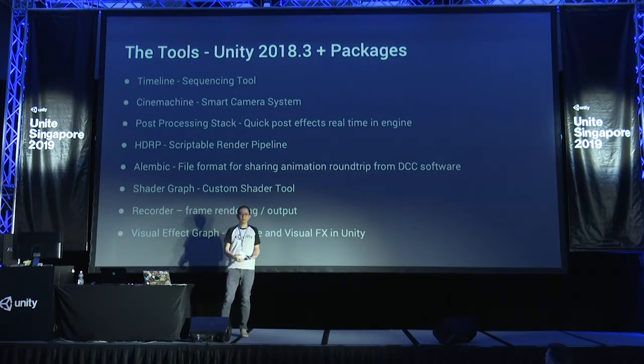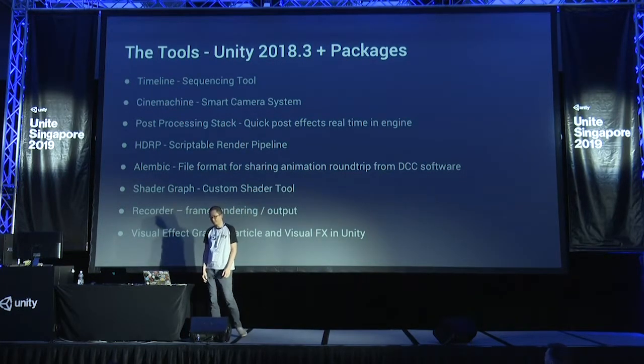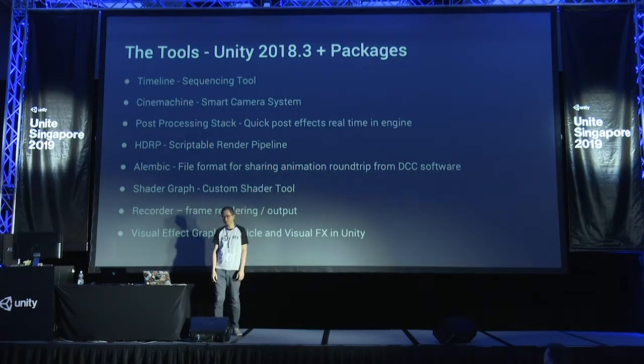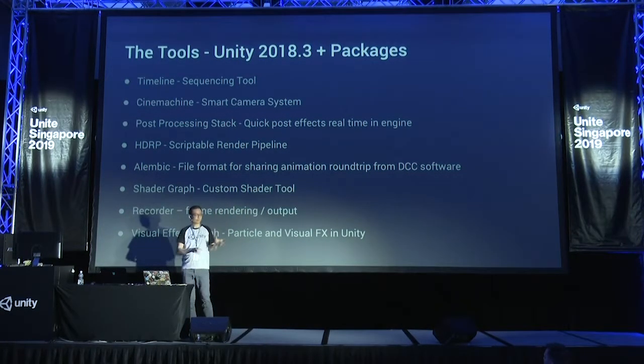And it can be exported as an image sequence too, and then you can put it in your favorite post software to combine them and produce a final shot. And of course, the Visual Effect Graph. Ashley, before this talk, was sharing how Visual Effect Graph can be easily used to create very impressive looking effects. I'll be sharing later on how some of these effects that you saw in the shot were produced with Visual Effect Graph.